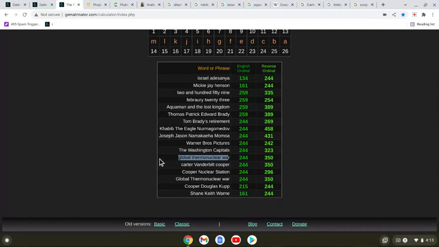Now, I want to bring in the Washington Capitals into this because this is a hockey team, okay? And the Washington Capitals have a Russian player there. He's known as Alexander the Great, Alexander Ovechkin. I haven't even typed his name in yet. I don't even know how to spell his name, but he is a Russian player and the best player in the world, most would consider. And the team he plays for, the Washington Capitals, is 244, guys.